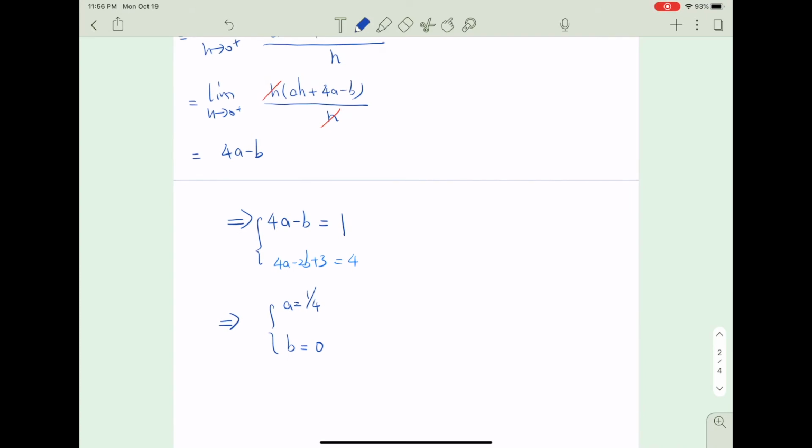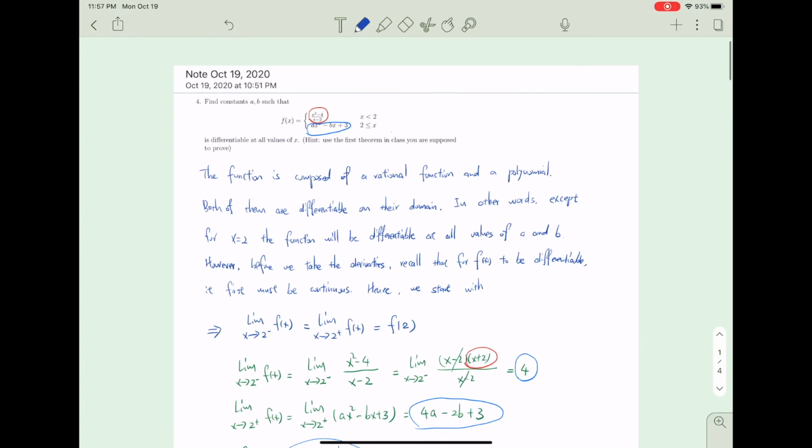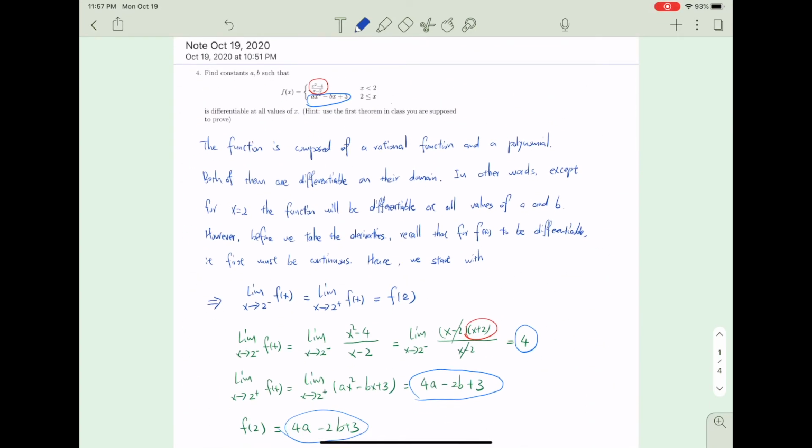When a is equal to 1 over 4 and b is equal to 0, f prime of 2 will exist because the left limit will be equal to the right limit, right? So the function f of x will be differentiable at x equal to 2. And since f of x is already differentiable at the rest of the points, that means f of x is differentiable for all values of x.